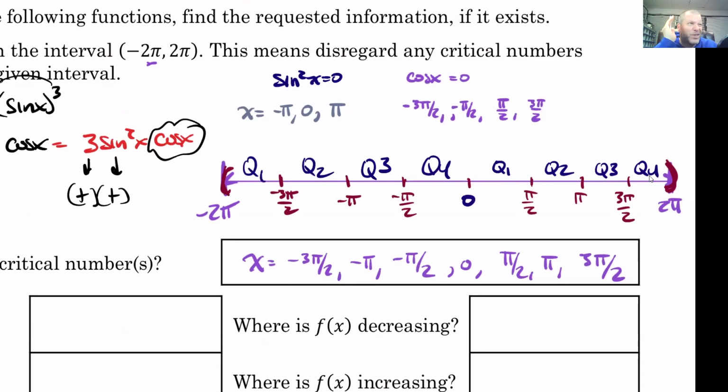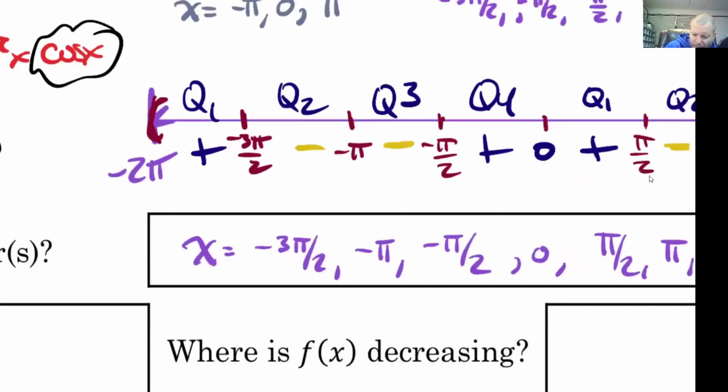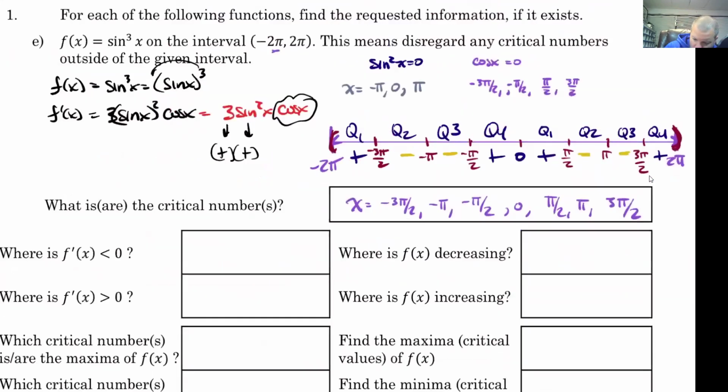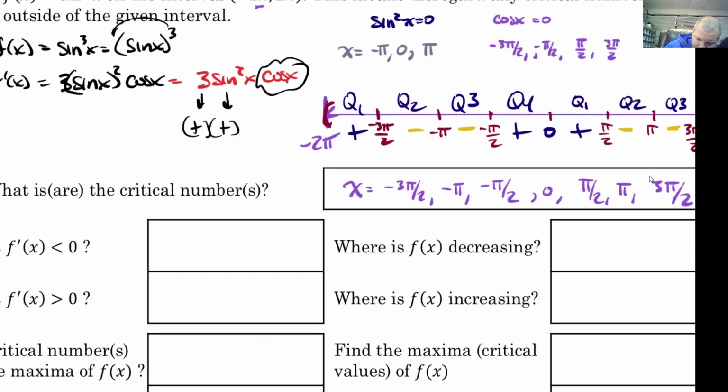Now, when we think about what the cosine does, cosine is positive in 2 quadrants, quadrant 1 and quadrant 4. So positive, positive, positive, positive, and cosine is negative everywhere else: negative, negative, negative, negative. So our function, let's see, where are we less than 0? We want to be precise here.